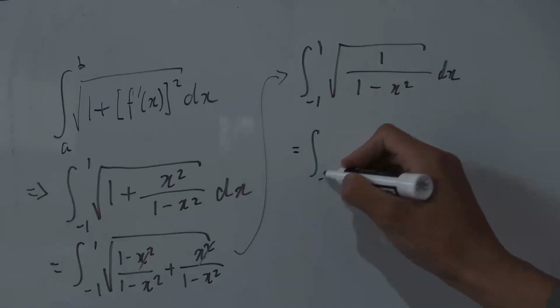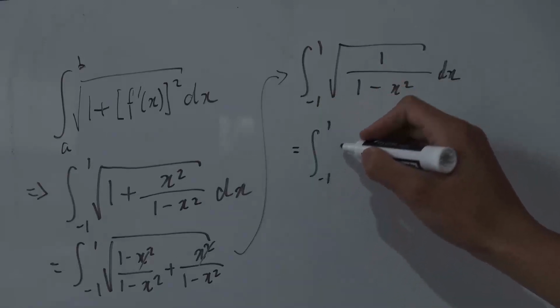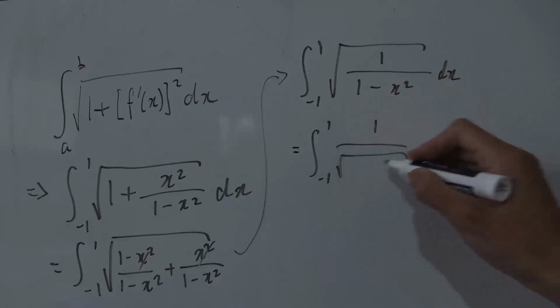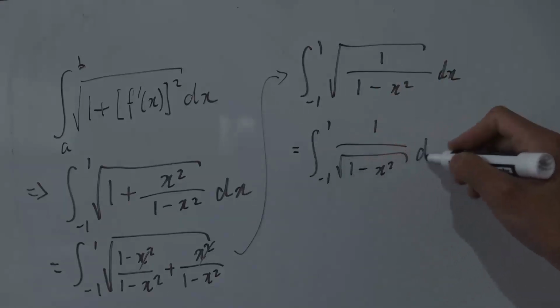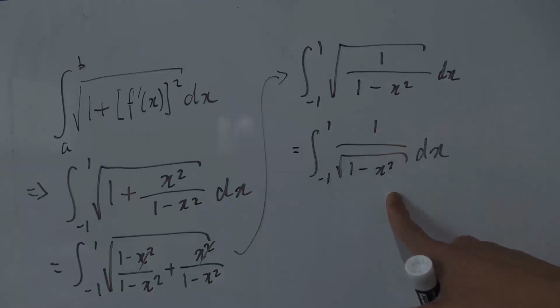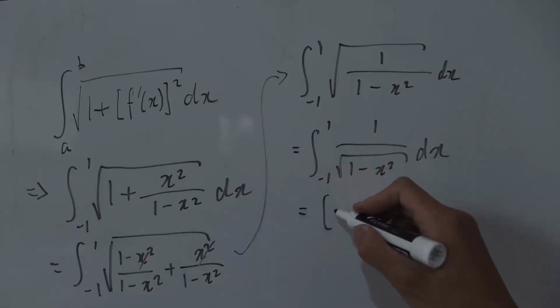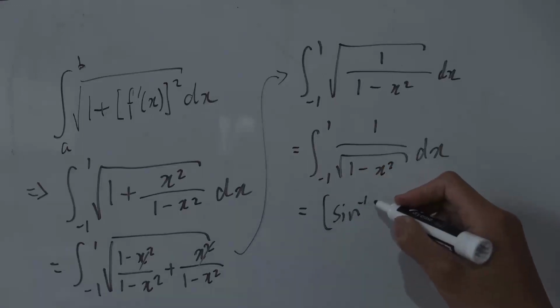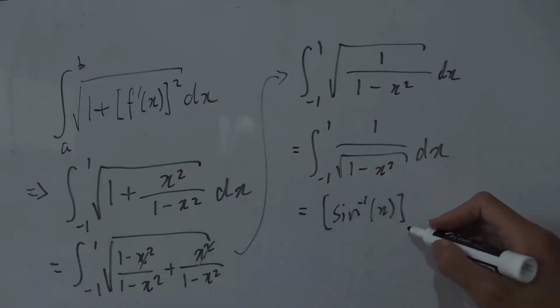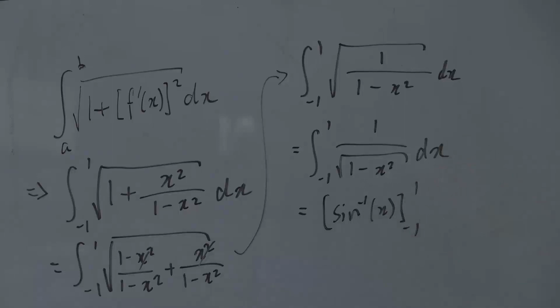So this is the integral from -1 to 1 of 1 over square root of 1 minus x squared dx. And if you know this integral, this is just the arc sine of x. So now we have arc sine of x, and we want to evaluate that from -1 to 1.